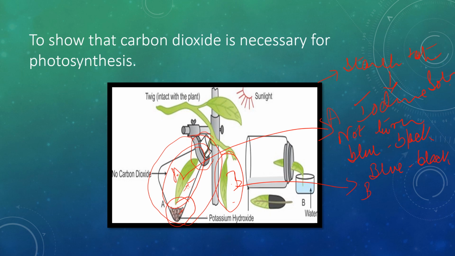Though two factors were present, carbon dioxide was absent, so this leaf couldn't produce starch, whereas in the presence of three factors, carbon dioxide, sunlight and chlorophyll, starch was formed, and so it turned blue black. So hence this shows that carbon dioxide is necessary for photosynthesis.